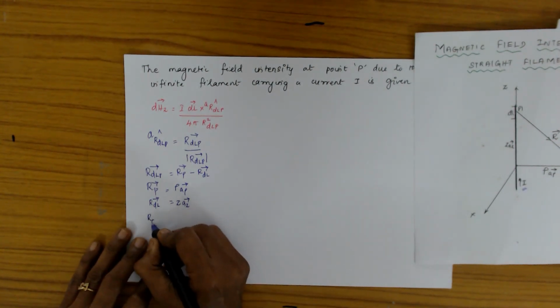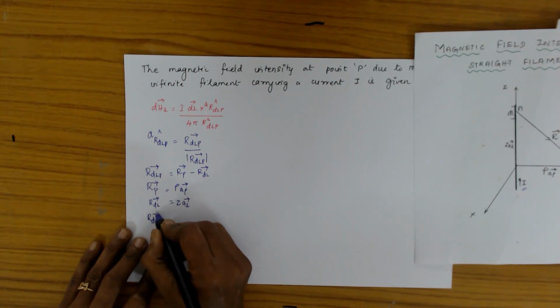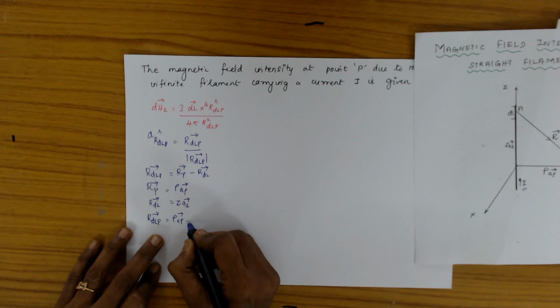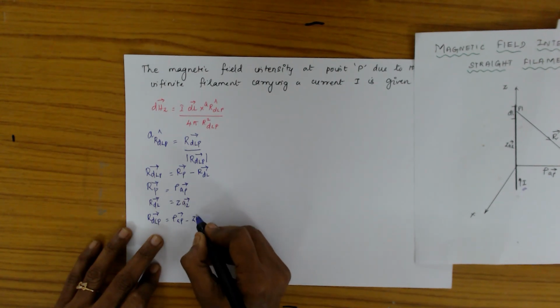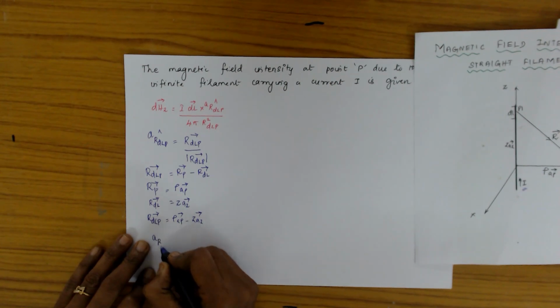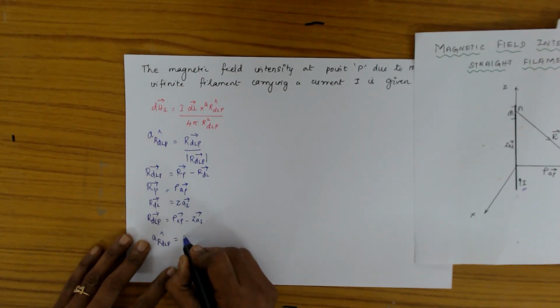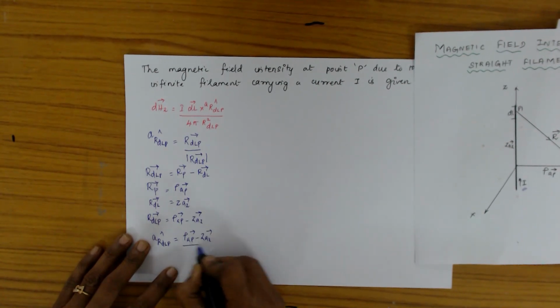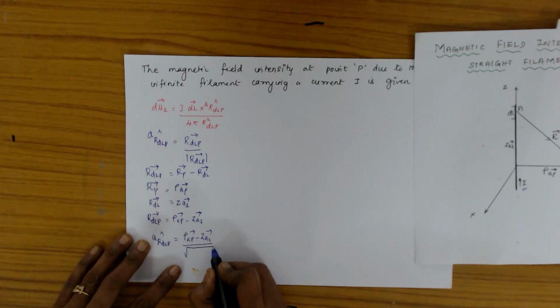Hence the distance vector r dlp is defined as rp, rho a rho, minus dl, z az. Now substituting these values, the unit vector aR dlp is equal to rho a rho minus z az divided by the magnitude of r dlp, where the magnitude of r dlp is the square root of rho squared plus z squared.